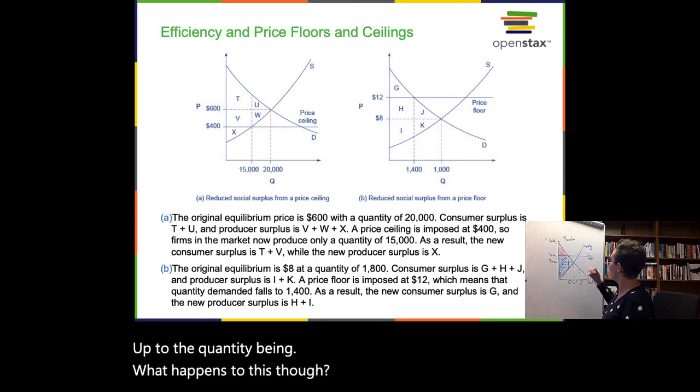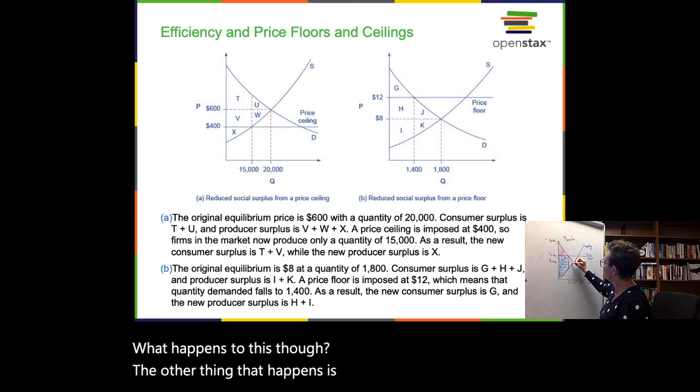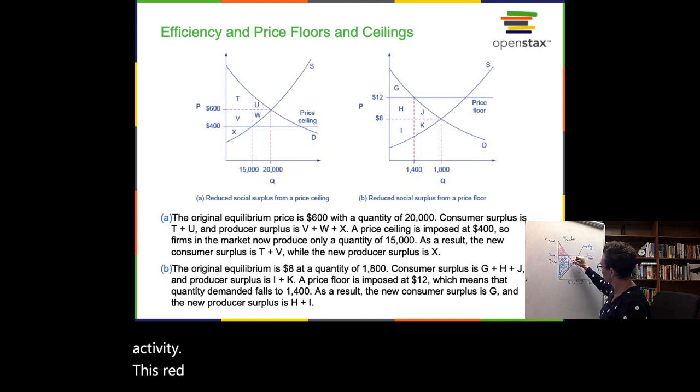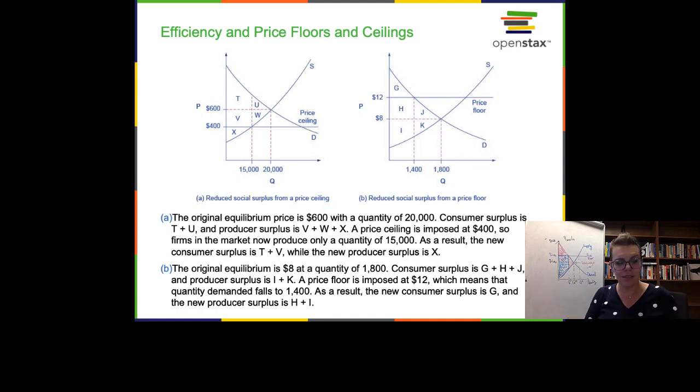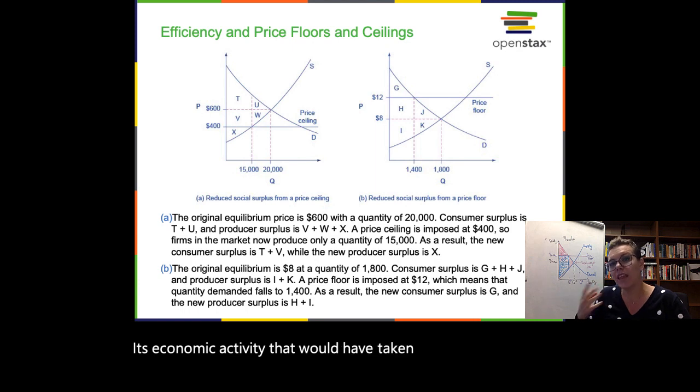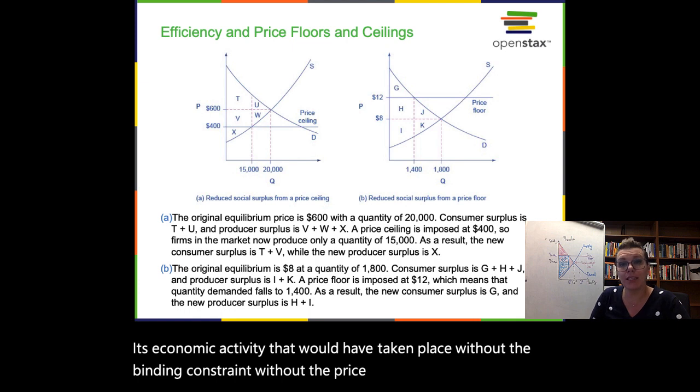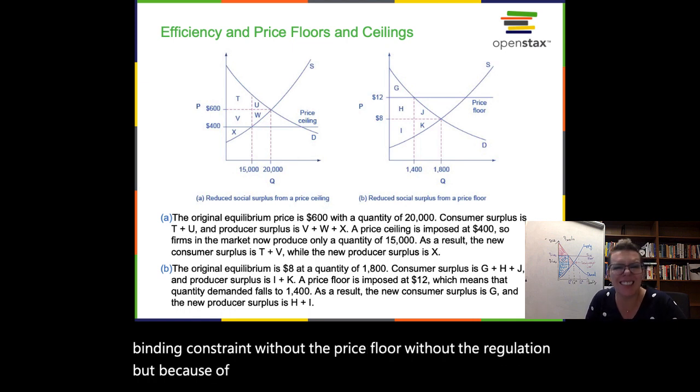The other thing that happens is we miss out on this economic activity. This red triangle here, that is what's called deadweight loss. It's economic activity that would have taken place without the binding constraint, without the price floor, without the regulation. But because of the regulation, it doesn't happen.